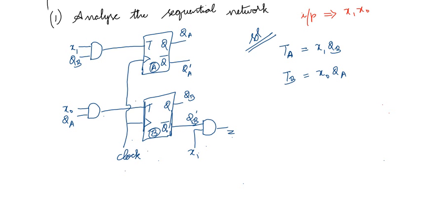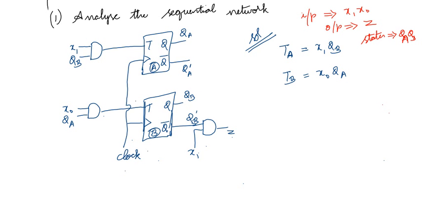They are the inputs. The output is Z. The states are QA, QB. The outputs of the flip-flops are called the states, QA and QB.